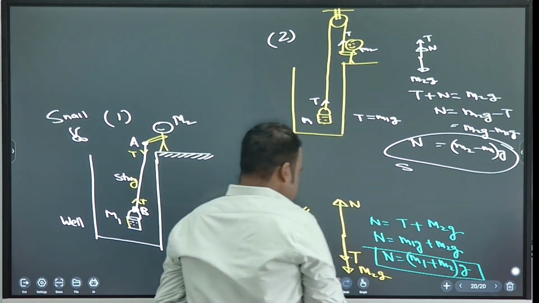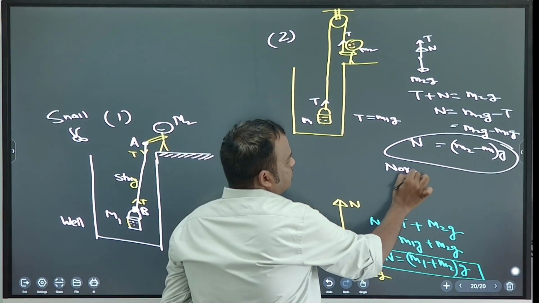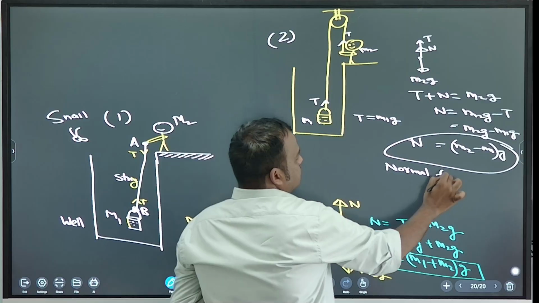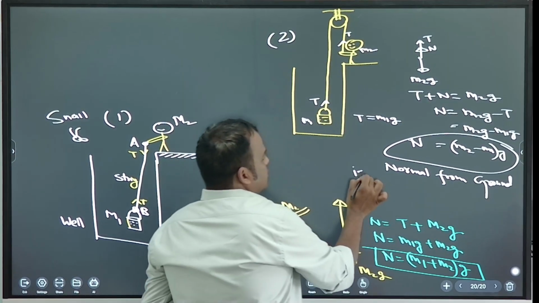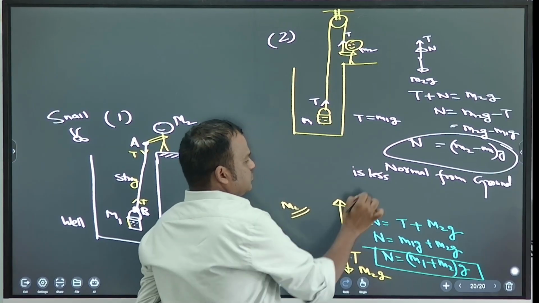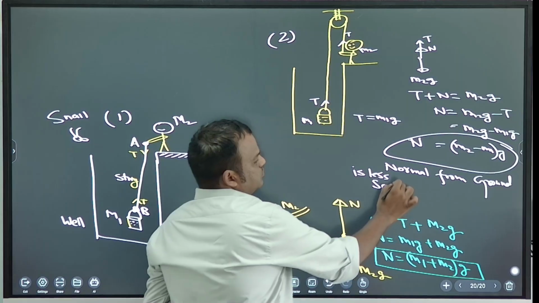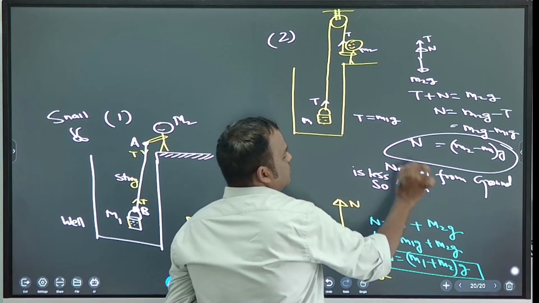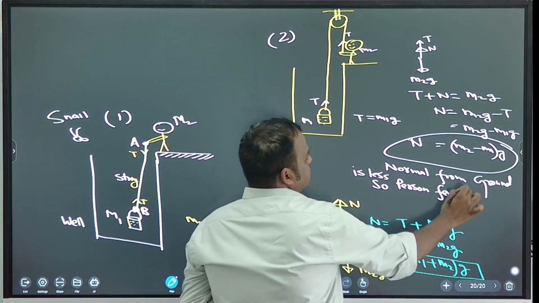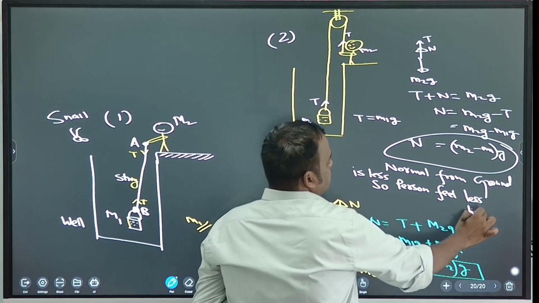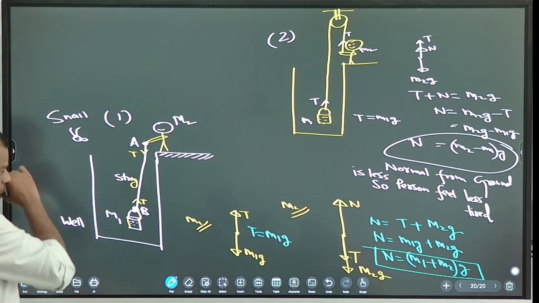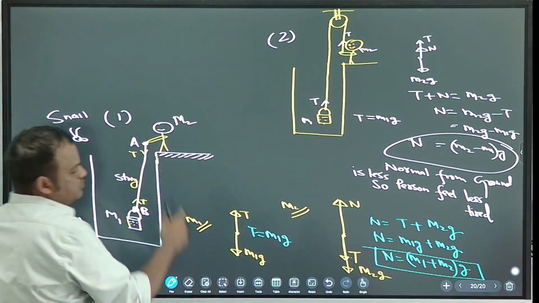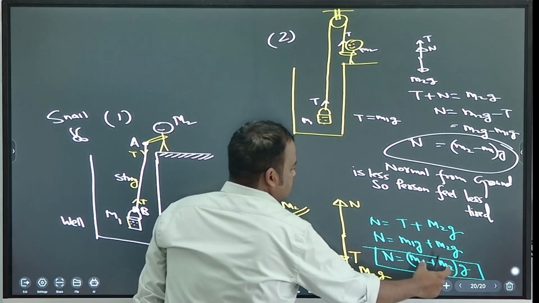So normal from the ground is less, so the person feels less tired. Here more normal, so more tired.